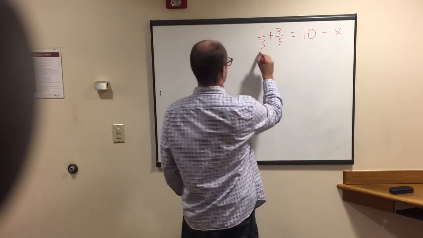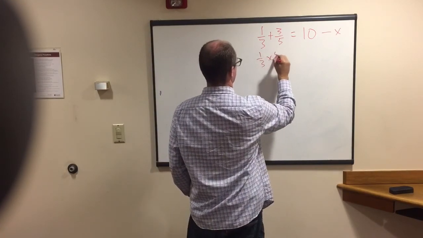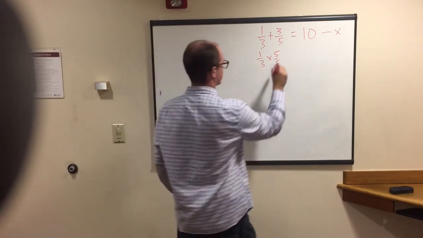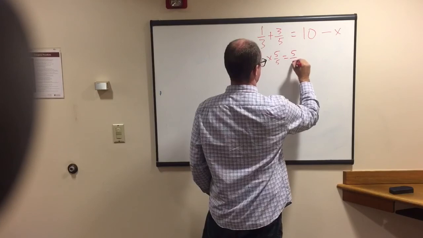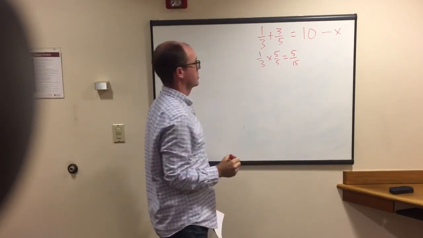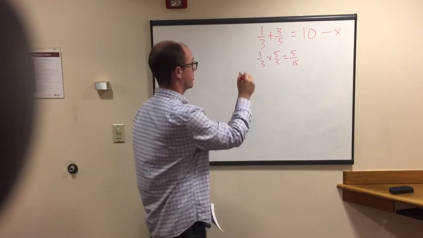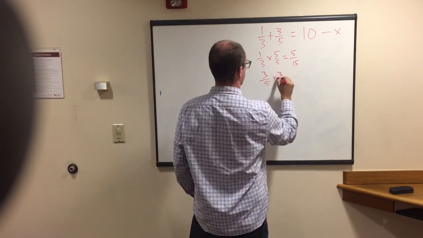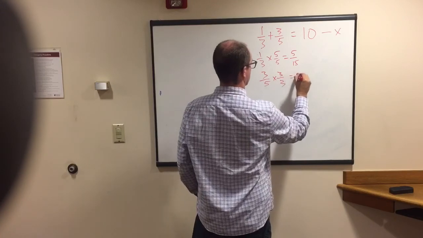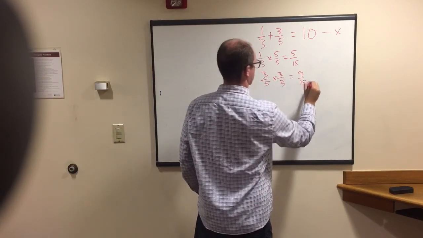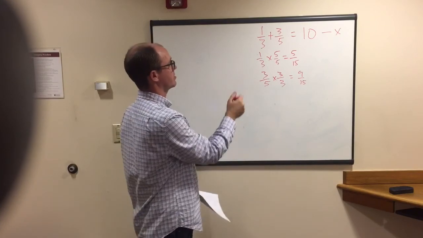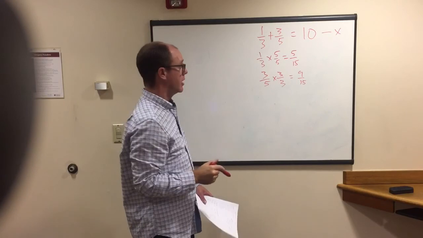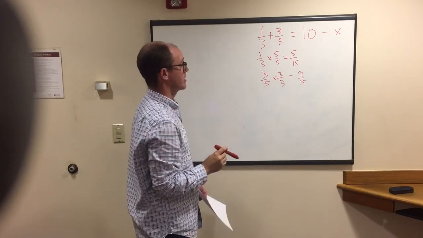So we go 1/3 times 5/5 equals 5/15. And then over here we have 3/5 times 3/3 equals 9/15. We do that so that now the denominator is the same, which is 15, then we can add 5 and 9 together.